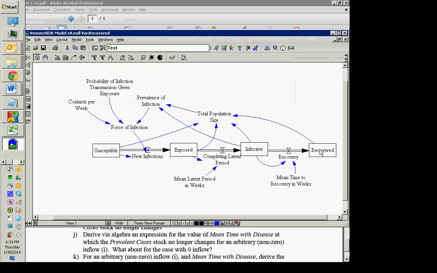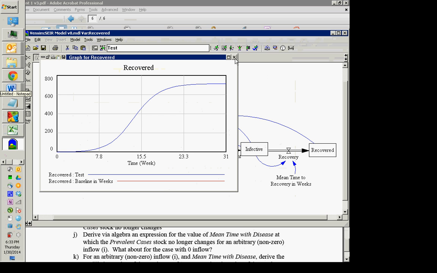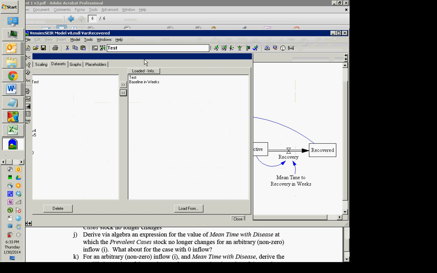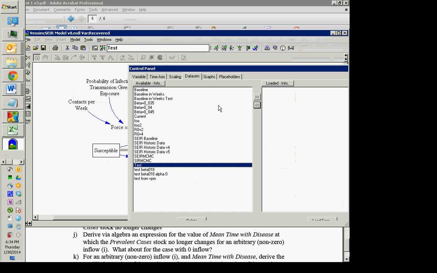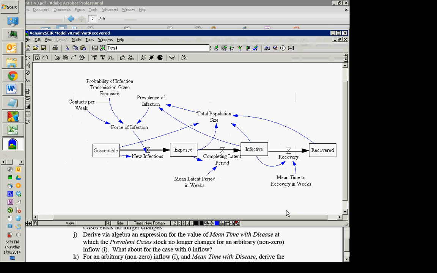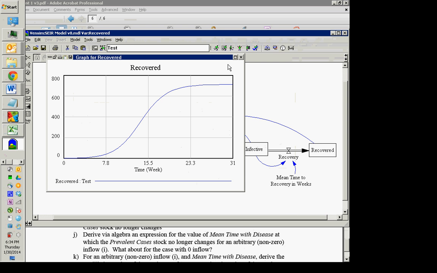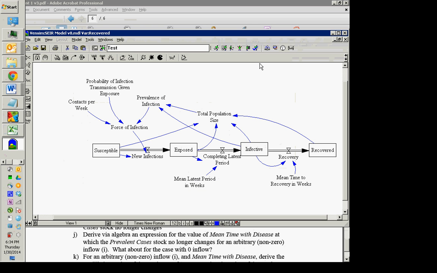If for some reason it wasn't loaded right now, I can double click here, and it will load it in. You can control which runs are loaded. Normally, if you run it, it's loaded automatically. So I'm surprised if it's not there. But I would try the control panel, and then maybe you and I could set up a time to look at your screen if you're still having trouble, or I could put you in touch with the TA to do that.